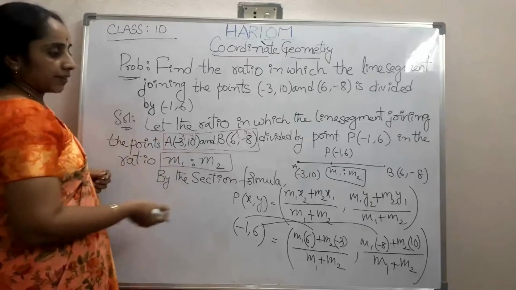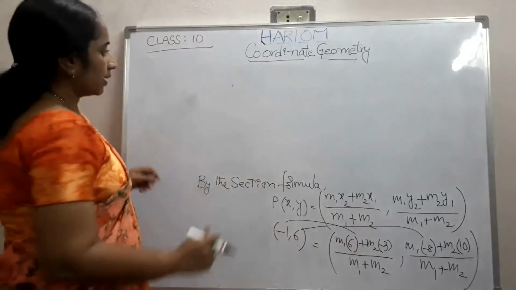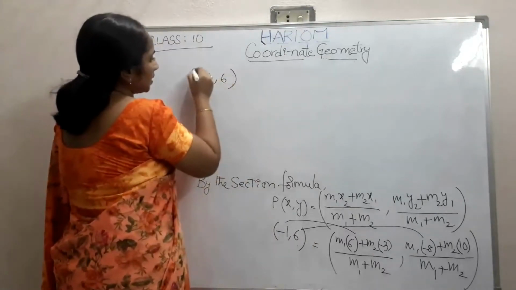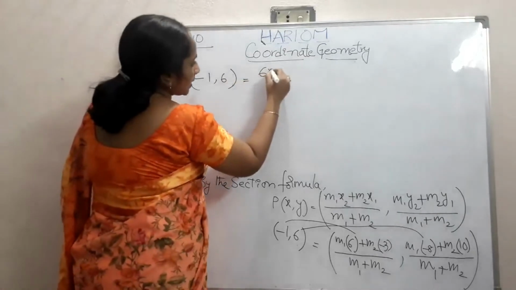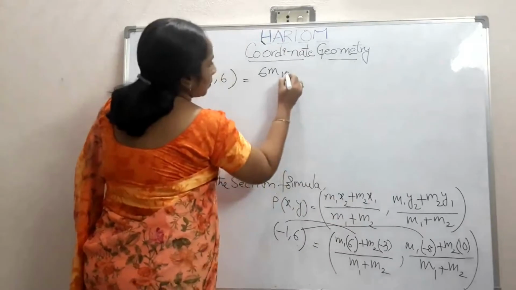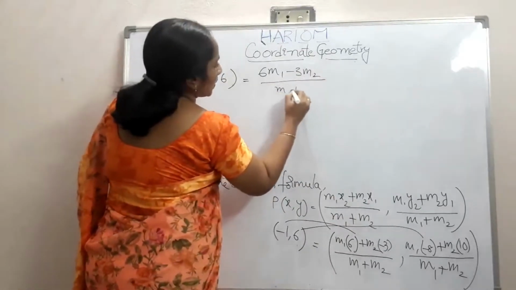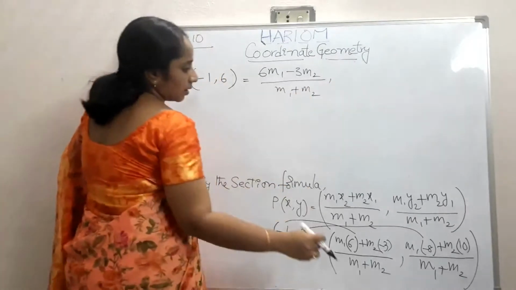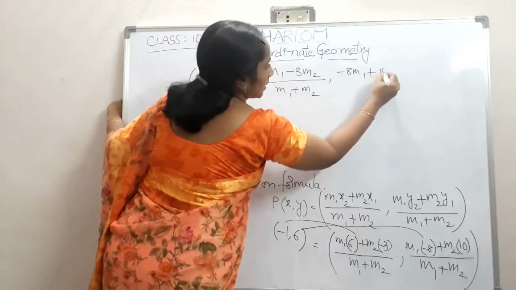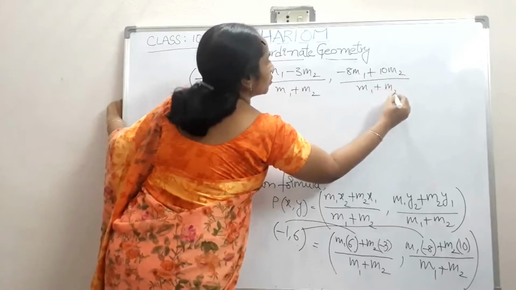Now by equating these two, we can get (-1, 6) is equal to (6m1 plus of -3m2) by m1 plus m2, (-8m1 plus 10m2) by m1 plus m2.